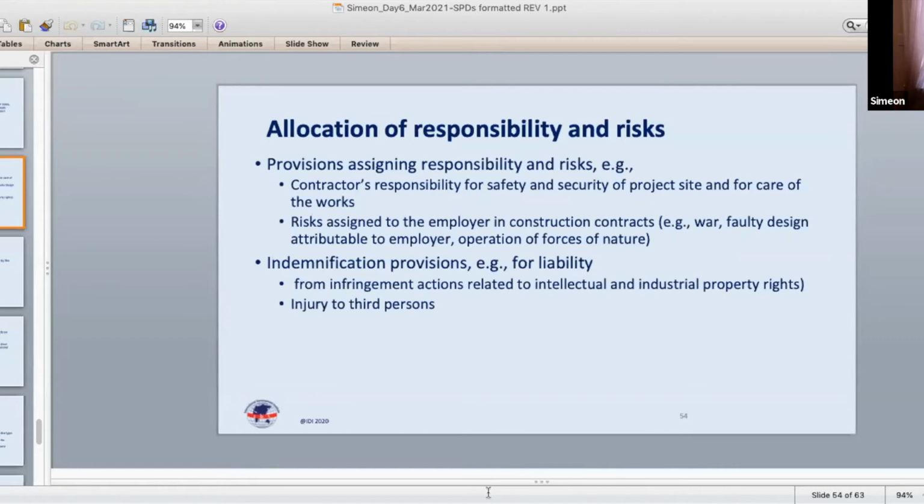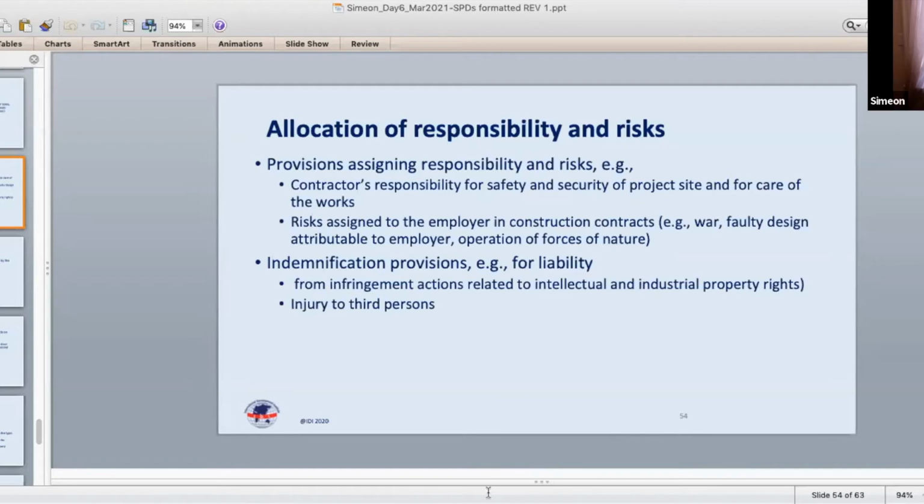Then there are indemnification type of provisions, which are found in the general conditions of contract of the World Bank and other types of contracts of that nature and level of detail.